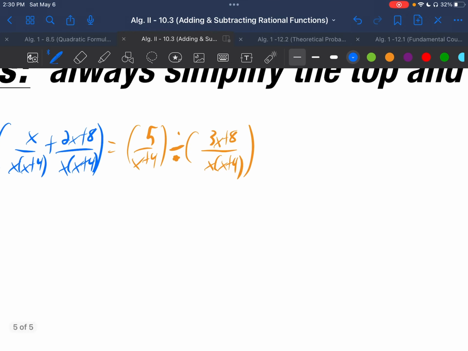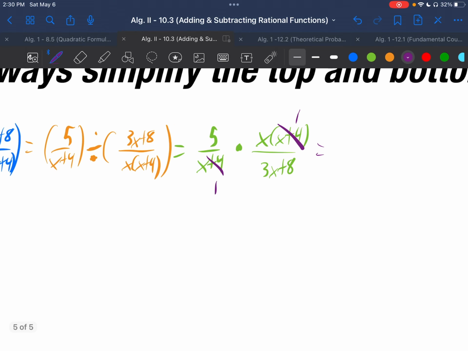So now I'm going to treat this just as if it was a problem I saw last class in section 10.2, where my first parentheses stay the same. I'm going to change the division to multiplication, and I'm going to reciprocate my second fraction. And now I'm very thankful I didn't multiply this x and x plus 4 together, because I see, oh, it can reduce with the other x plus 4.